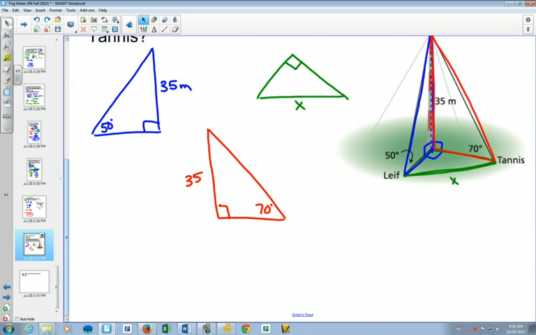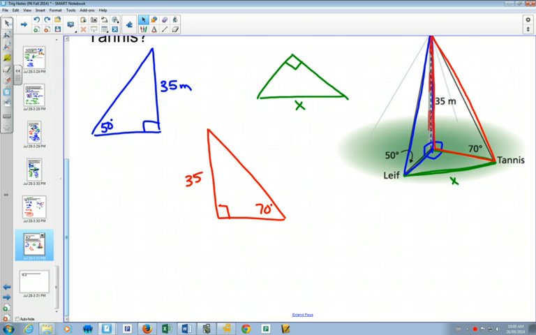So when we look at those triangles, the blue triangle and the red triangle both have 3 pieces of information, and they have at least one side. So if we want to, we can find every angle, every side of the blue triangle, every angle, every side of the red triangle. The question we have to ask is which ones are going to be helpful for us for solving for x on our green triangle. Because on our green triangle, we don't have any information other than the 90 degrees.